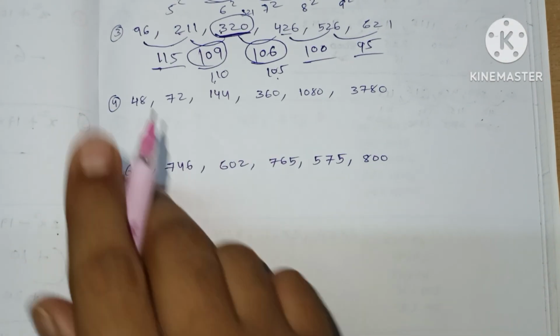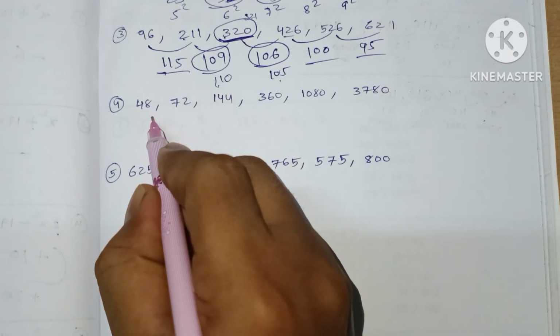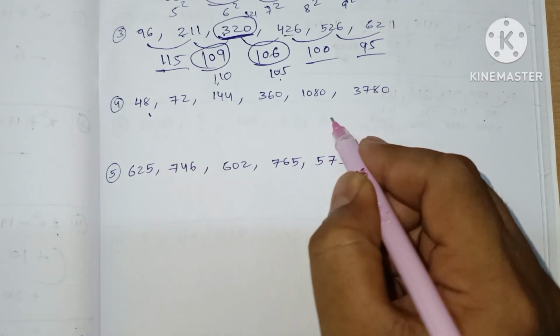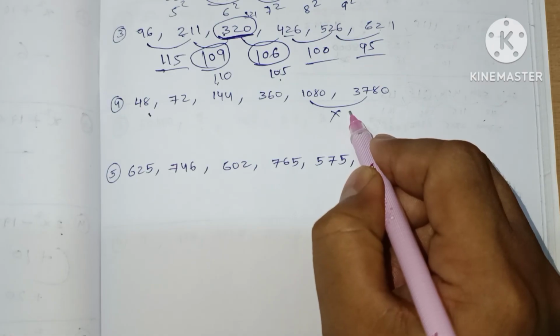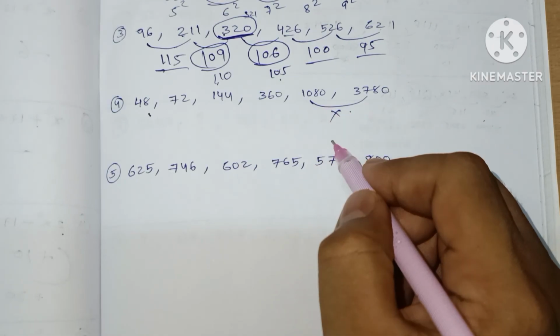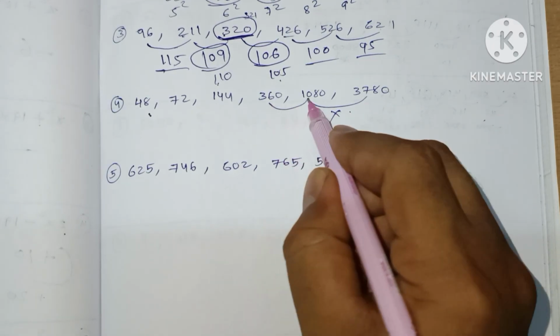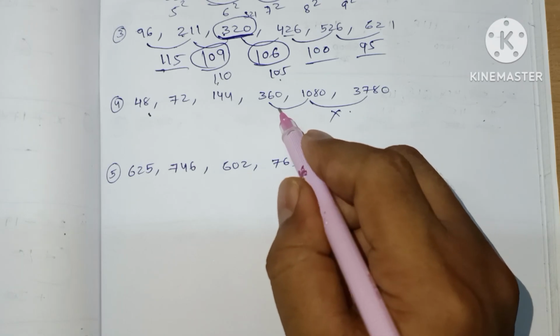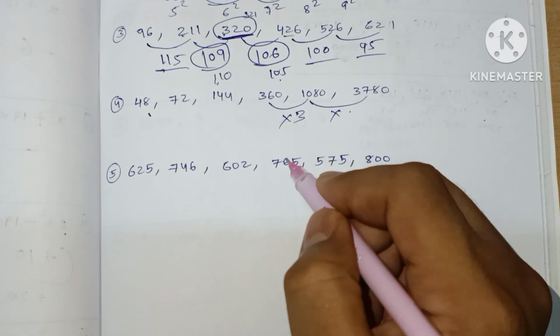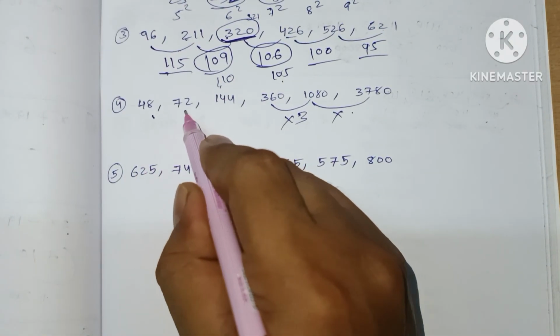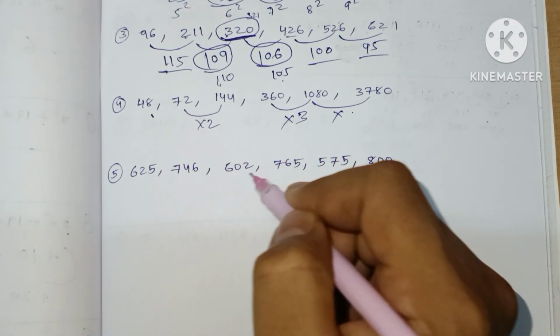Next, fourth question. Here this is into, seems it is into, but not clarity. 36 becomes 108, which will be into 3 times. 72 becomes 2 times.